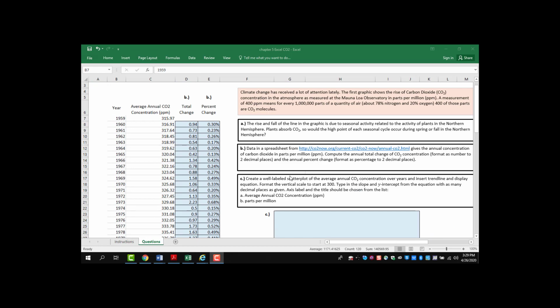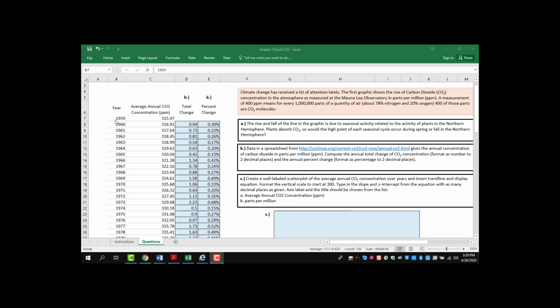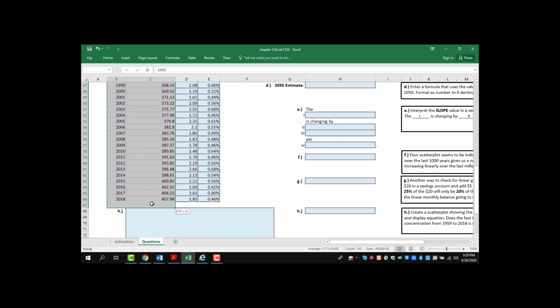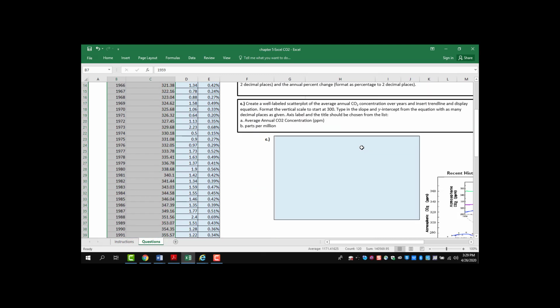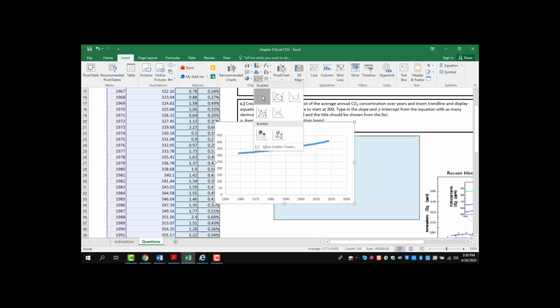So here we did this one, we want a scatter chart. And you've got to read the instructions for titling it. I'm not going to show you how to do that. But I'm going to insert a scatter chart right there.